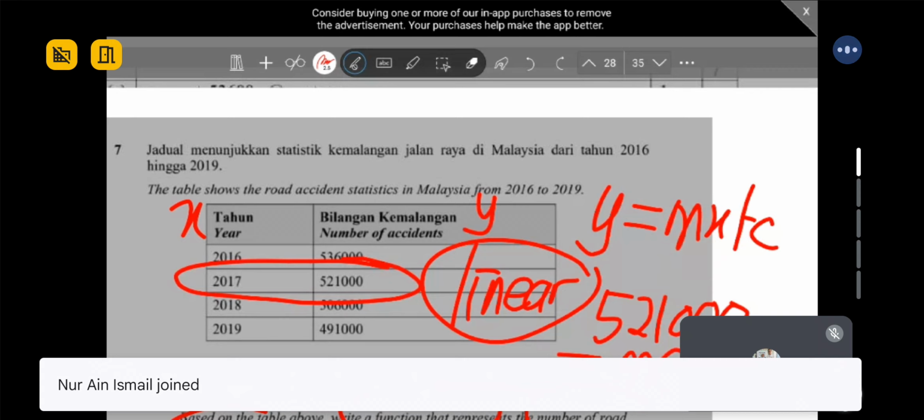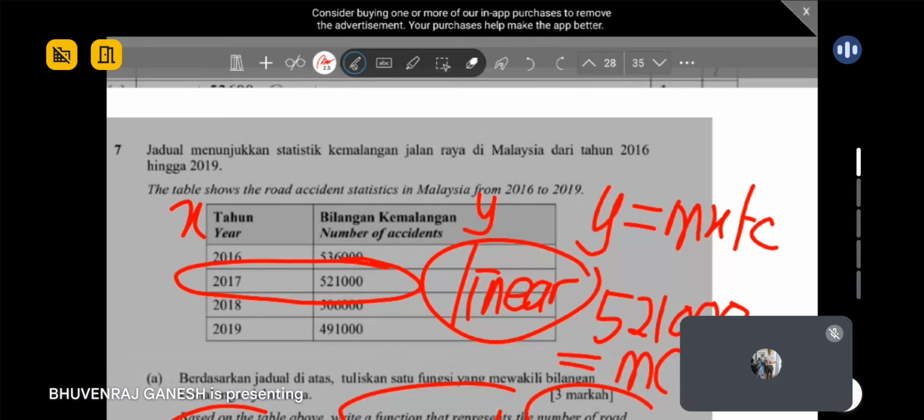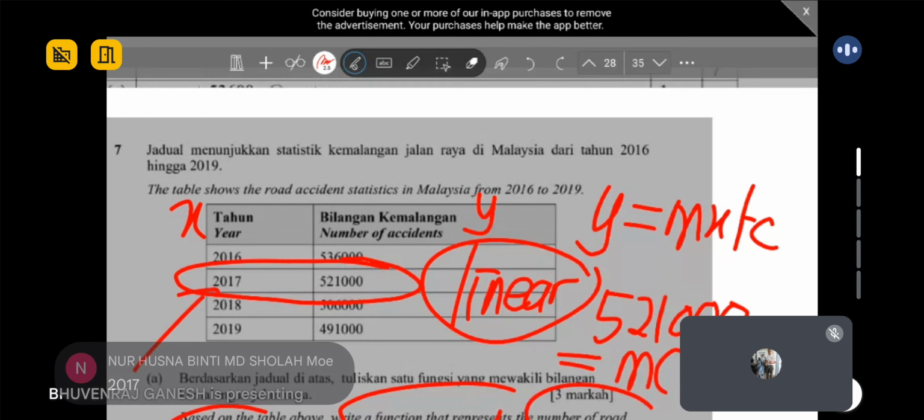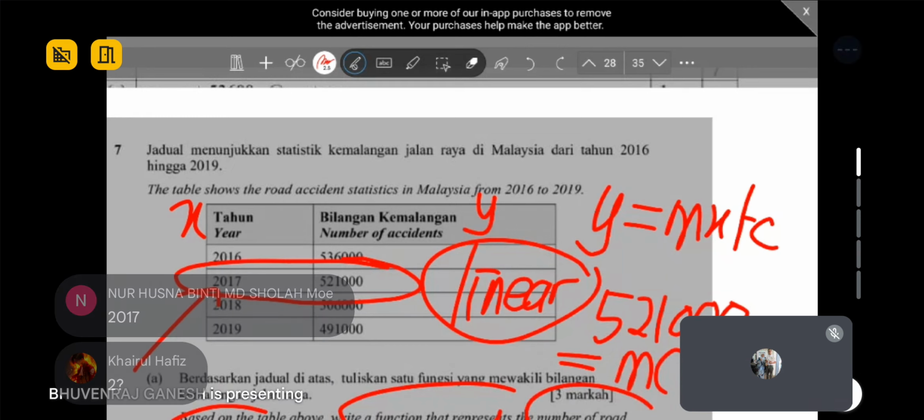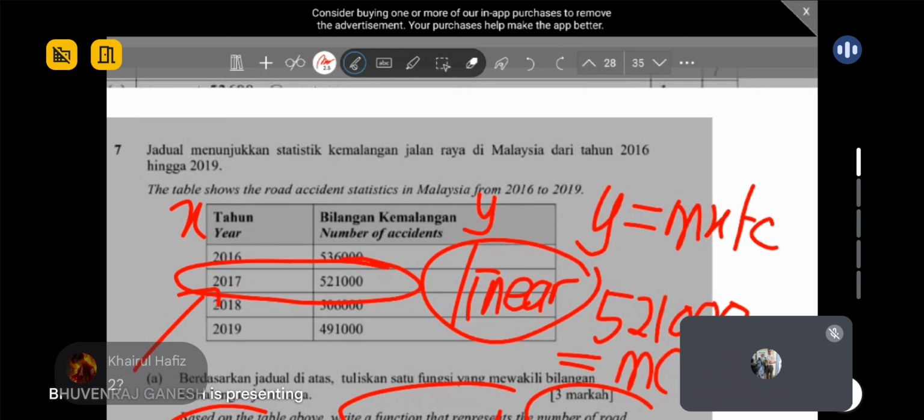Can you type to me, guys? What value must be substituted for x? For this one. Wrong. 2017 is wrong. Cannot. You cannot just substitute the year itself, guys. No. Not 2, guys. The answer is 1.